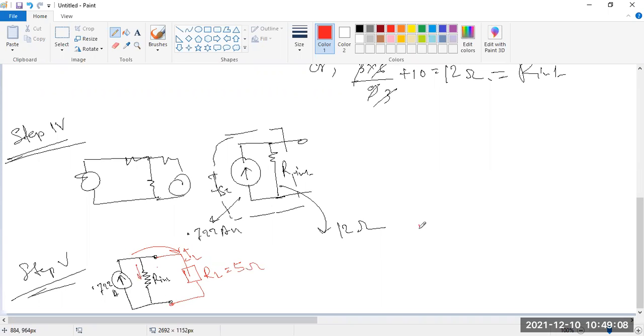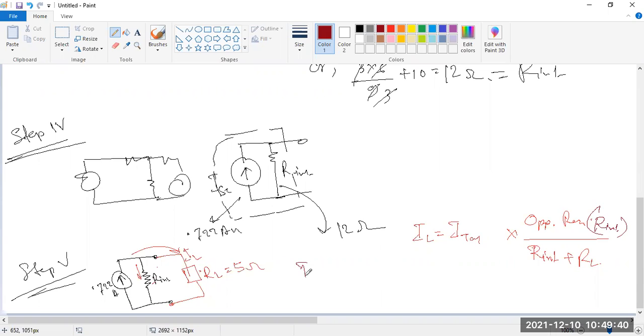The current division rule says that IL is the total current into the opposite resistance divided by the total resistance. Total resistance is the summation of this and this, R internal plus RL. This is also given in your Norton theorem, that is R internal.